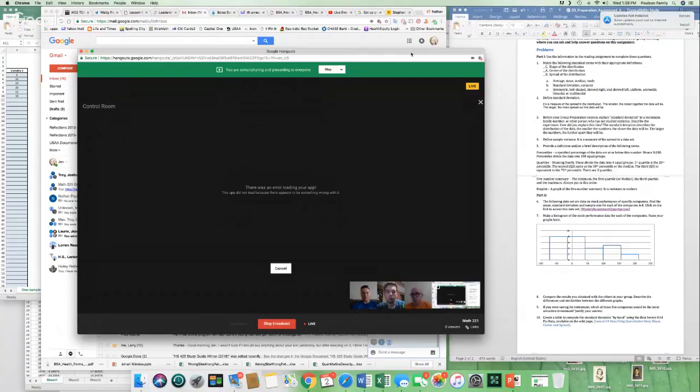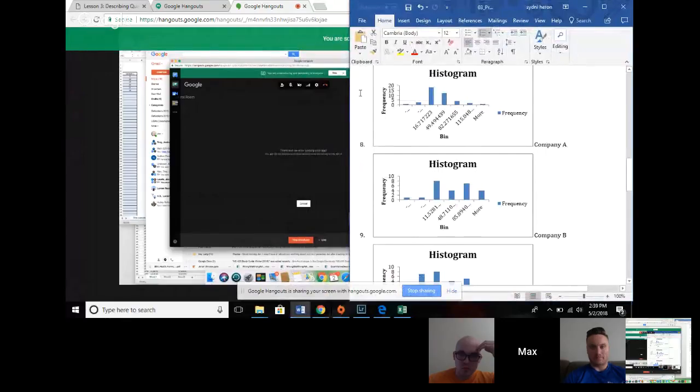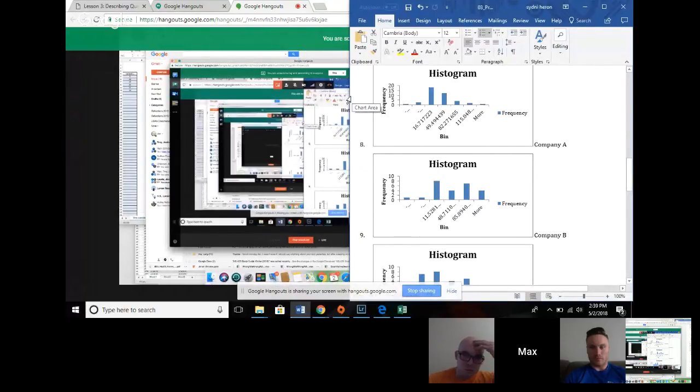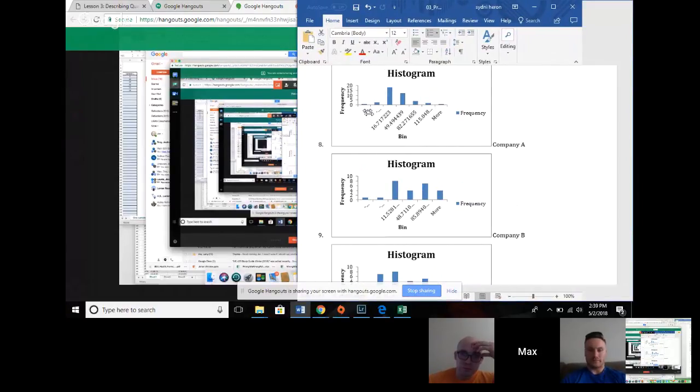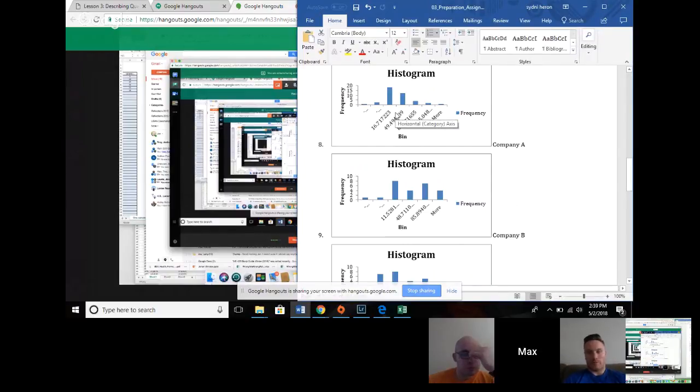I did. Here, I'll show you my screen. Okay, this is what mine looks like. I couldn't exactly figure out what the bin was supposed to be. I know I had it at like 5, but I wasn't sure either.